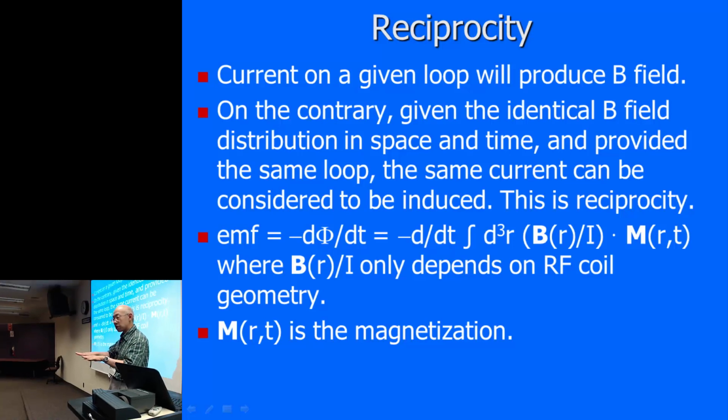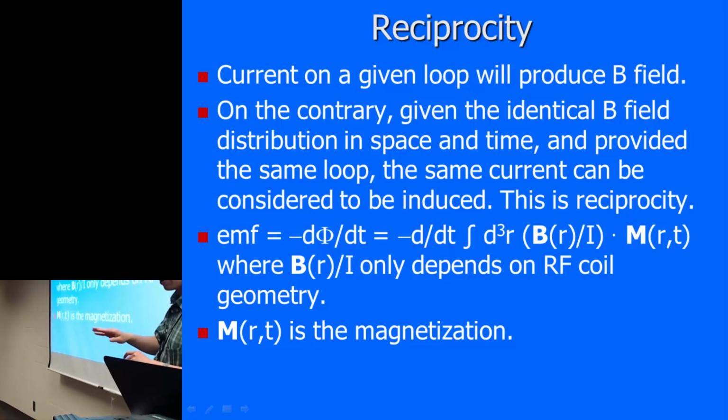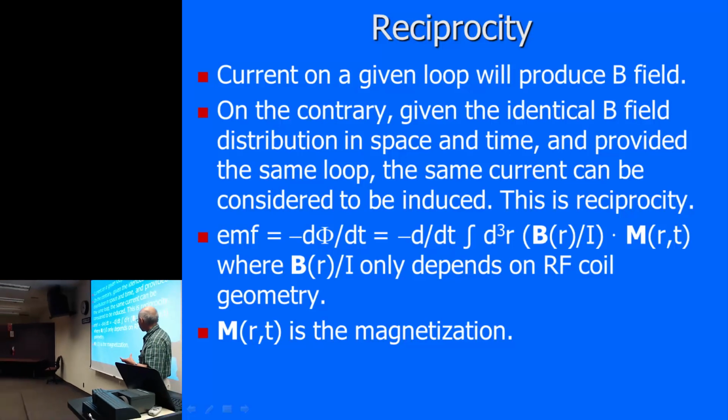They are changing, they are moving because of the main field. They are precessing. So those magnetizations are moving as a function of time. That's why we have an induced field because of this. And then these, of course, produce currents in this coil loop that I'm going to have the induced current.